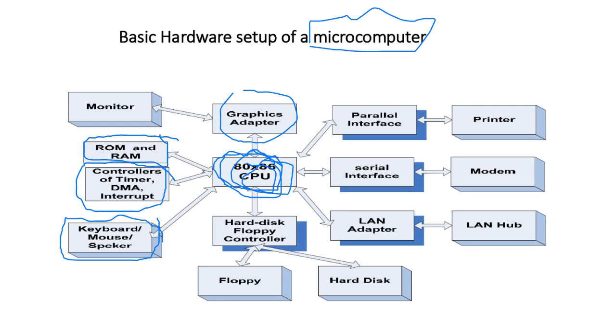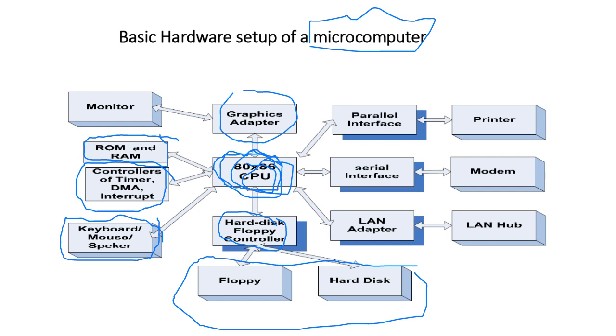And external hardware devices like hard disks and floppy disks are connected to the microprocessor through a controller, a hard disk or floppy disk controller. Sometimes we cannot directly connect them, or it can be possible sometimes, but things will be more complicated. That's why sometimes we need a controller.